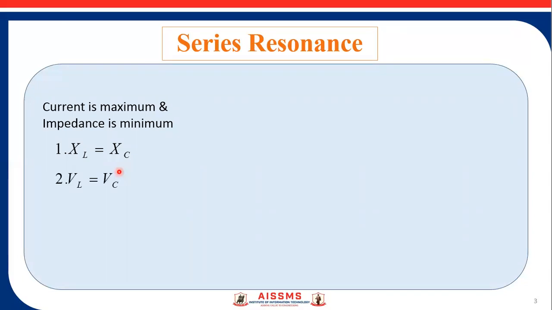So VL equal to VC and Z equal to R. In an RLC series circuit, Z is equal to under root R square plus XL minus XC whole square. So XL and XC cancel each other, therefore Z is equal to R. That means minimum impedance is there. And since Z is equal to R, the power factor is 1, that is unity power factor.